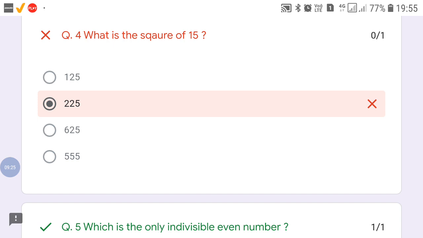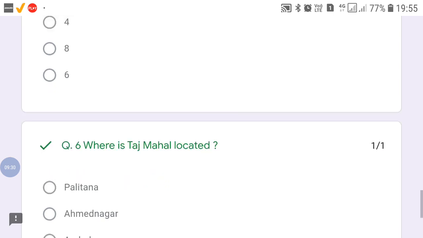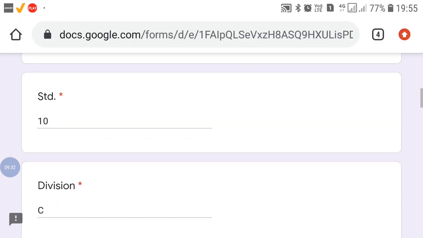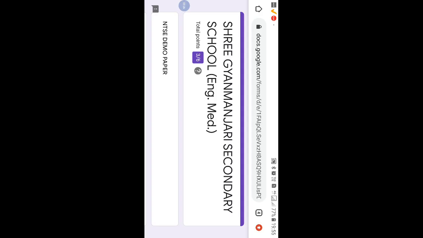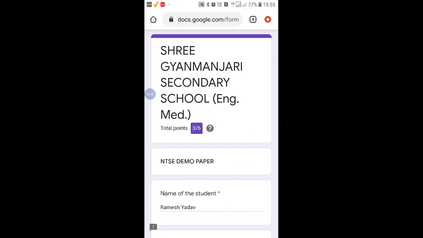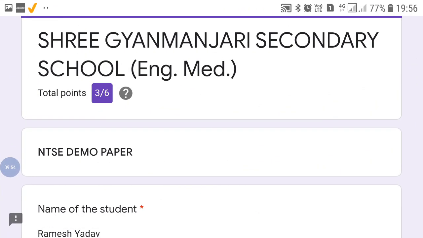So these are the 3 questions which I have got wrong. Now, what you need to do is take a snap of this page and submit it to your designated associate for that.